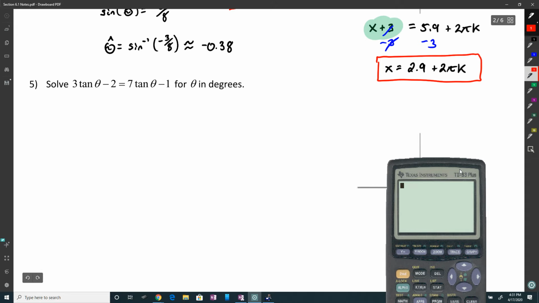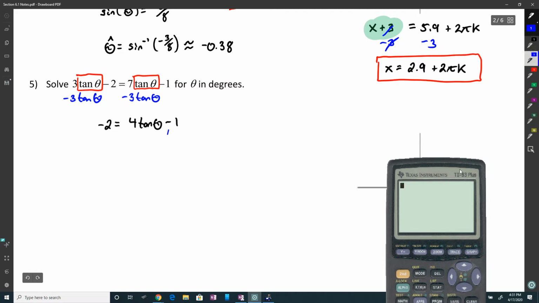So we're going to be solving for tangent theta. And notice that there's 2 tangent thetas, and so these are pretty much like terms. What I can do is I can say minus 3 tangent theta on both sides, and since they're like terms, they can combine. So I have negative 2 equals 4 tangent theta minus 1.